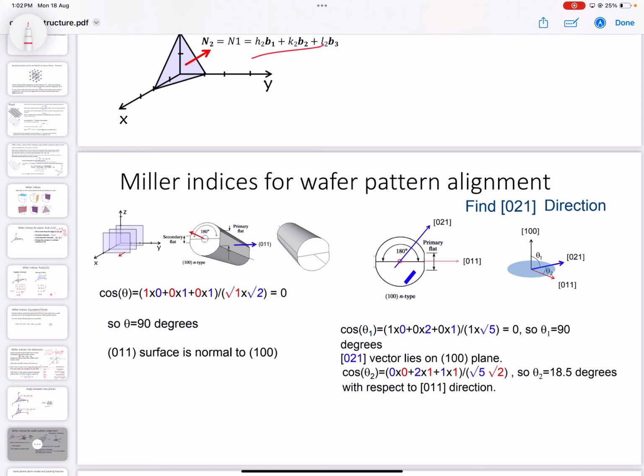So they put some kind of cut, and there is something called the primary cut. The primary is the one with the bigger cut. You see, this is a primary flat cut, a bigger cut, and then you put a secondary cut. The primary cut tells you the orientation of the wafer, let's say whether it's 111, 100 or something like that, right? And the secondary cut used to tell you about the doping.